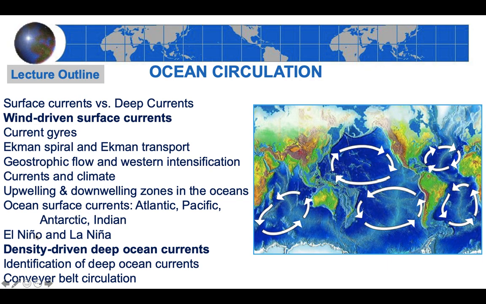Then we're going to look at El Nino and La Nina events, very important because they really affect the global climate for several years in a row when they kick in. And we're going to talk about what really controls the El Nino events and why they develop. And then we're going to talk about the density-driven deep ocean currents, and we're going to look at the conveyor belt circulation at the end.